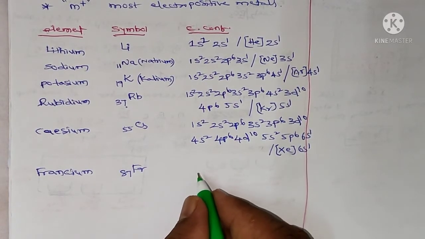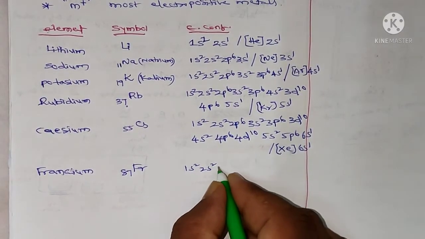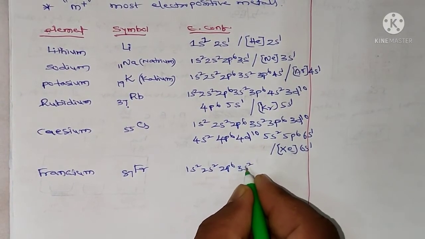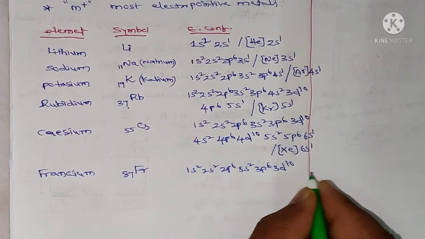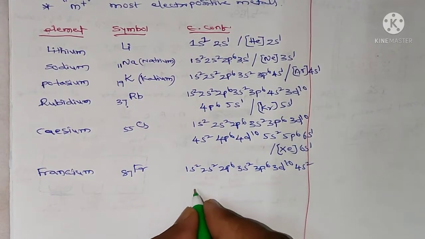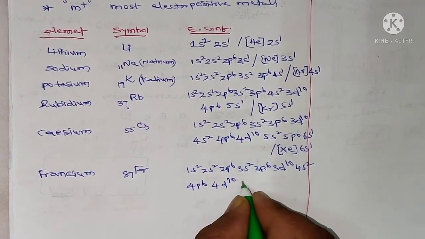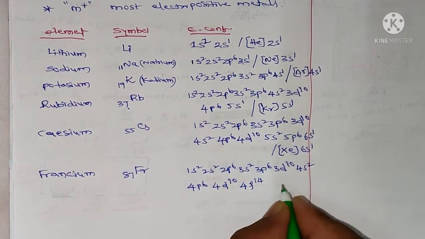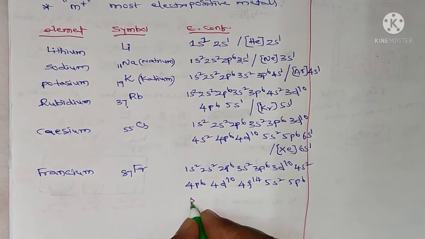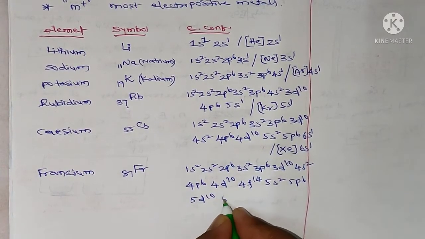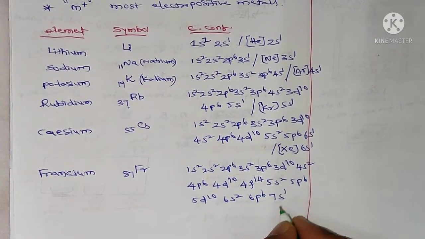For those 87 electrons, the electronic configuration is 1s2, 2s2, 2p6, 3s2, 3p6, 3d10, 4s2, 4p6, 4d10 and 4f14, 5s2, 5p6 and 5d10, 6s2, 6p6, 7s1.